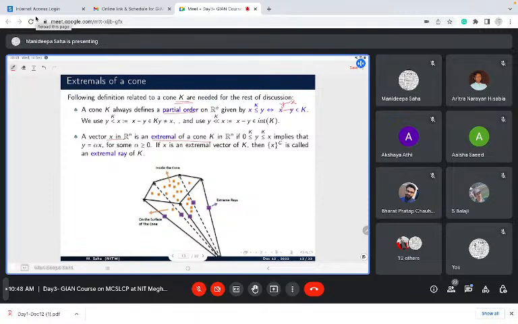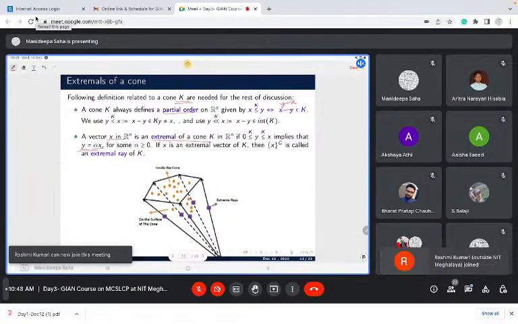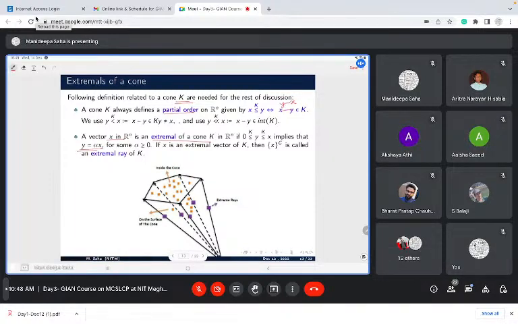That means if y belongs to K and x minus y belongs to K, then that implies y is exactly equal to alpha times x for some alpha greater than 0. So y will be lying on the ray generated by x. In that case, that is called an extremal.